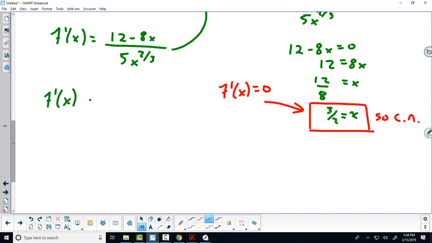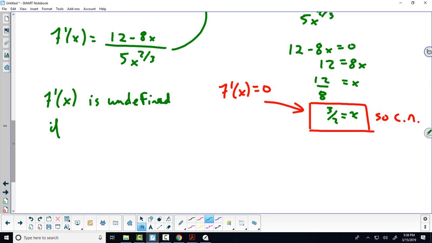So f prime of x is undefined if what? Well, what operations am I doing that could get me into trouble? Well, the only operation that I'm doing that could get me into trouble is the operation of division. All of those other operations are defined for all real numbers, including taking the 2/3 power, right?